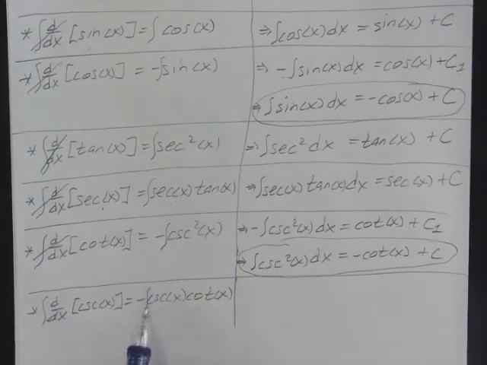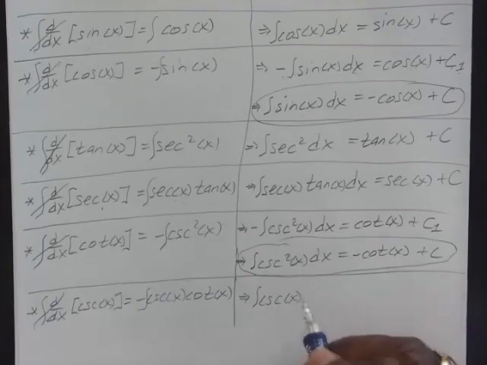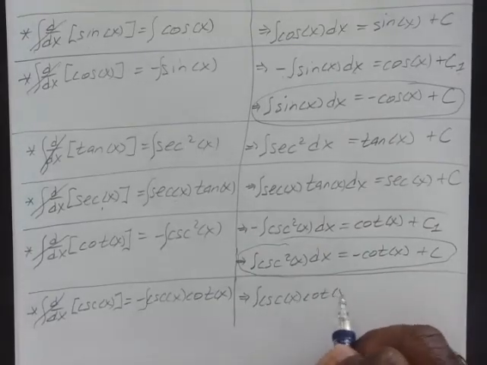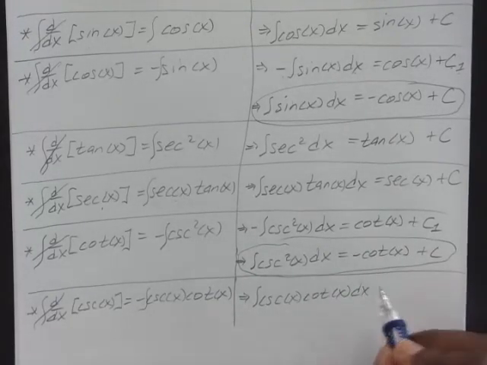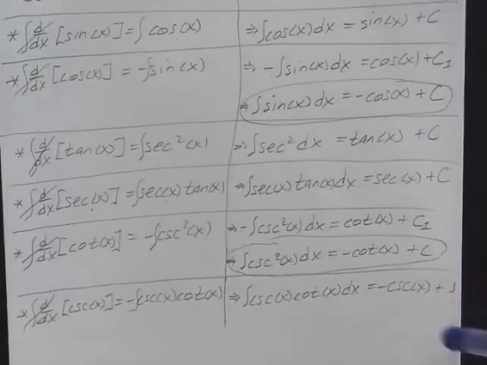So taking the antiderivative, and of course we know we're going to have to divide all the terms by -1, and that will have the integral of cosecant times cotangent with respect to x is equal to negative cosecant of x plus c.